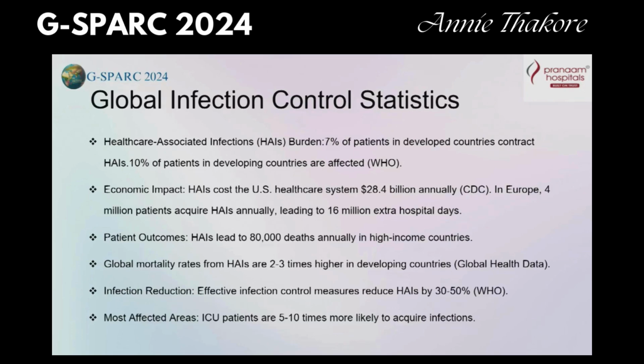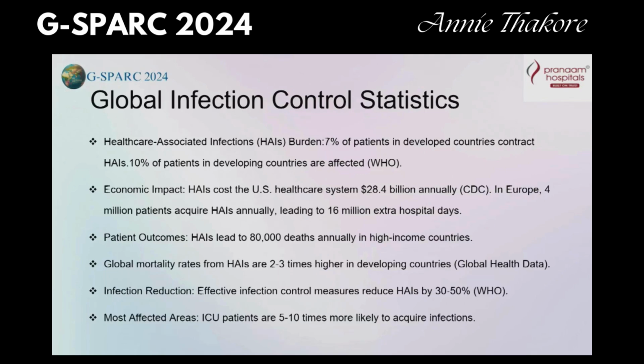It's a huge amount. When it is this in developed countries, you can imagine what it will be in a developing country like India. On patient outcomes, HAIs lead to 80,000 deaths annually in high-income countries. Global mortality rates from HAIs are 2 to 3 times higher in developing countries. This is global health data.